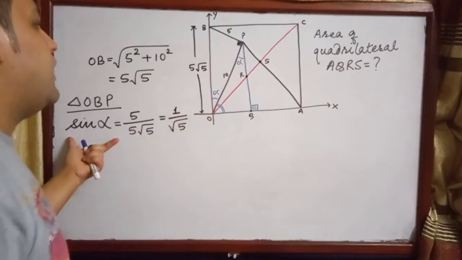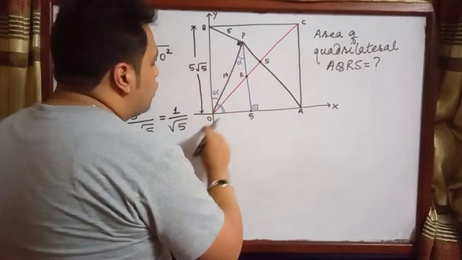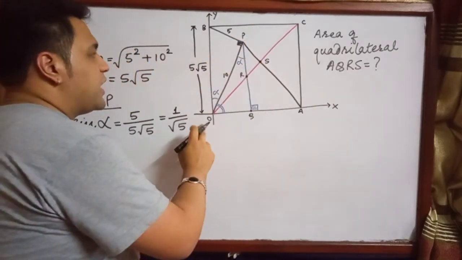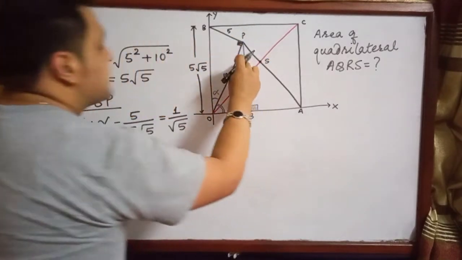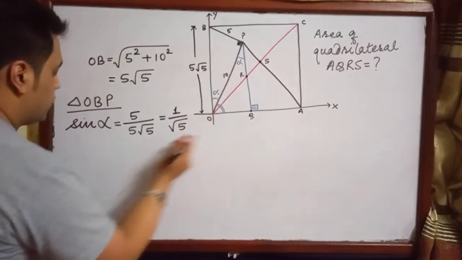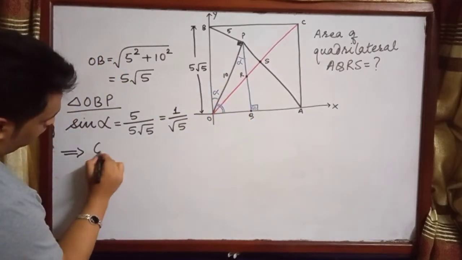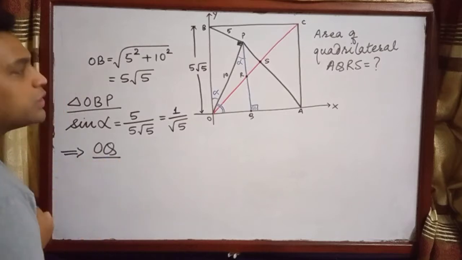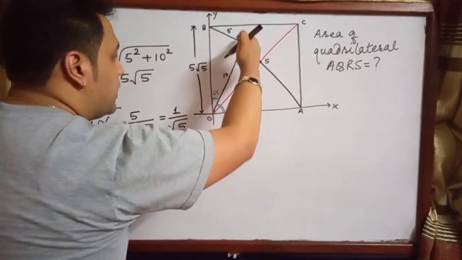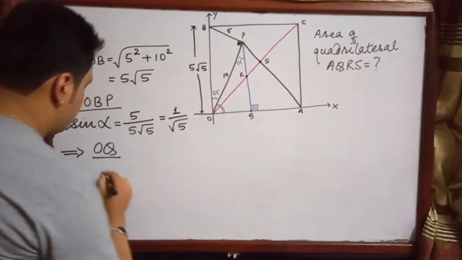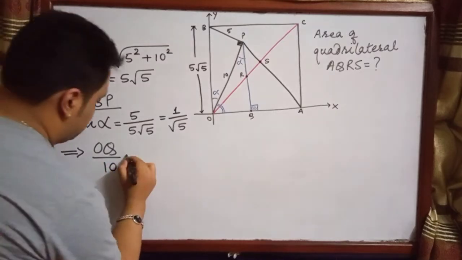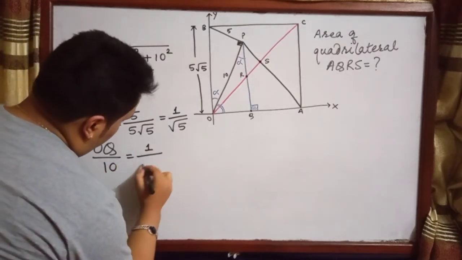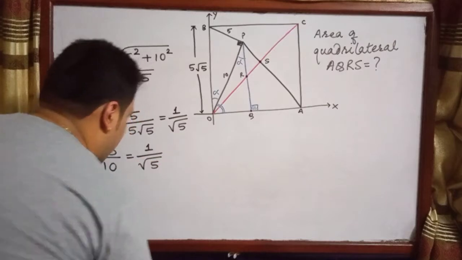So sine alpha is 1 over root 5. Now from triangle OPQ, sine alpha is equal to OQ over the hypotenuse, which is 10. So 1 over square root of 5 is equal to OQ over 10.